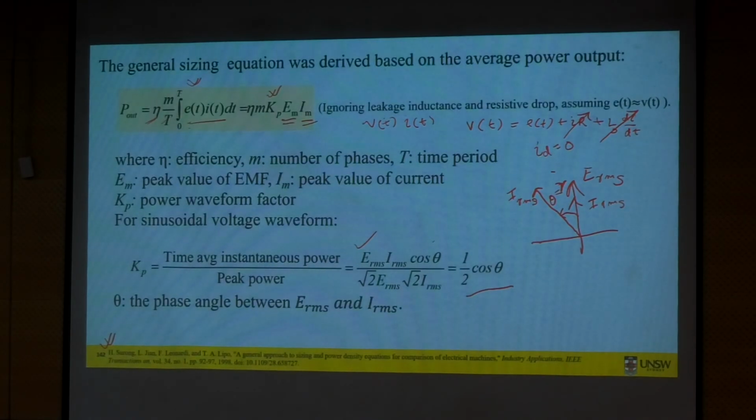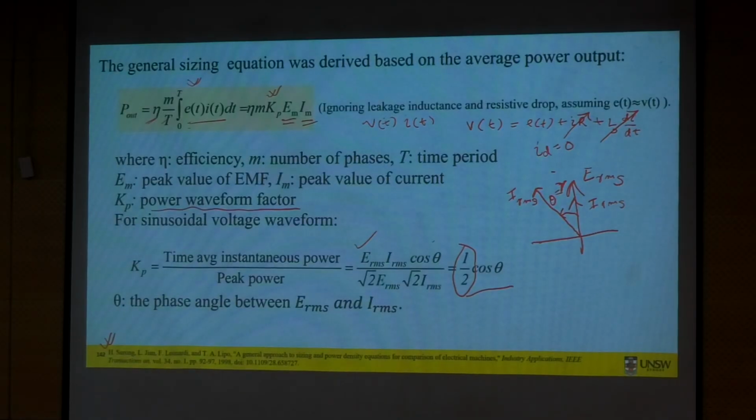And as long as it's sinusoidal, this root 2 E peak is root 2 multiplied by the RMS value. So those two together give us this factor half. Okay, so half times cos of the angle between E and I is the factor referred to as EMF factor, or power waveform factor, okay, Kp.